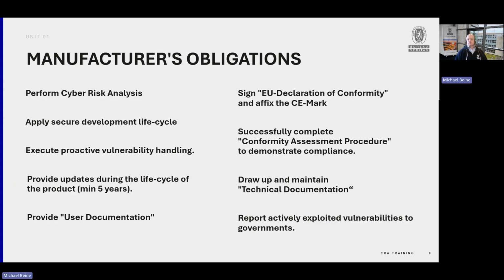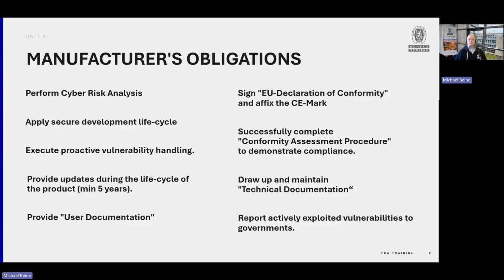There are different choices of conformity assessment procedures to go through, from self-assessment through third-party assessment to certification. I will spend one particular unit on these compliance procedures because there are different choices and you need some orientation.